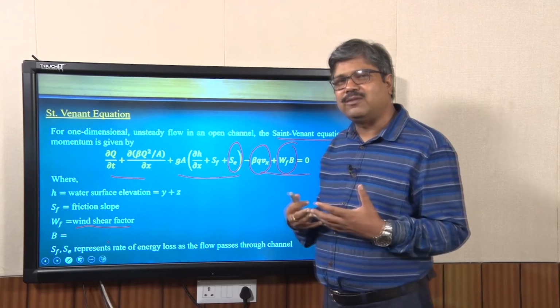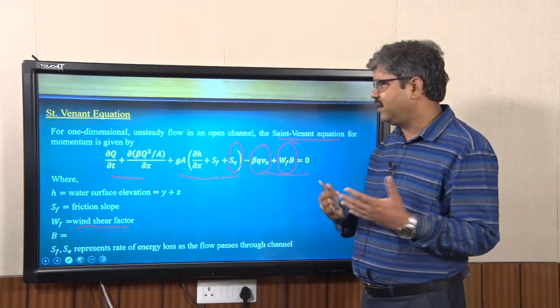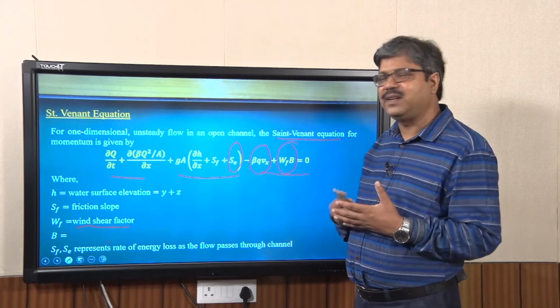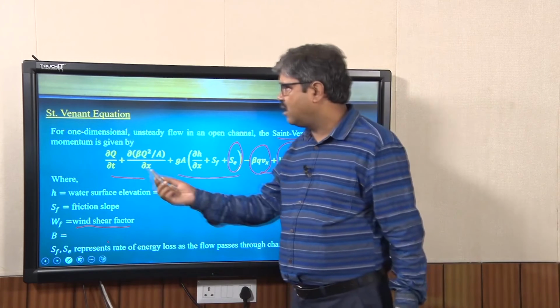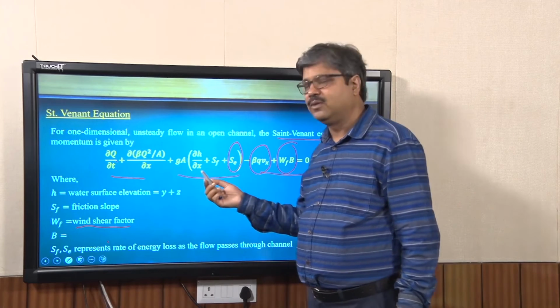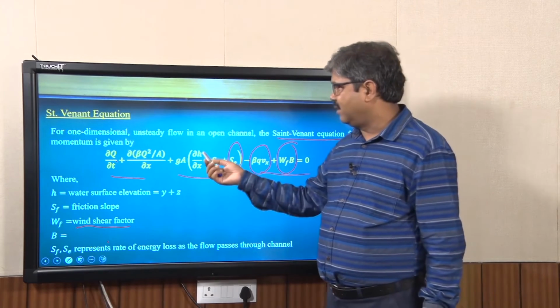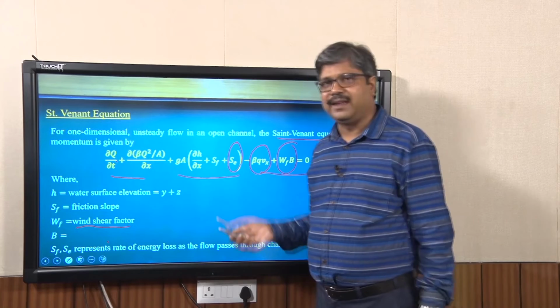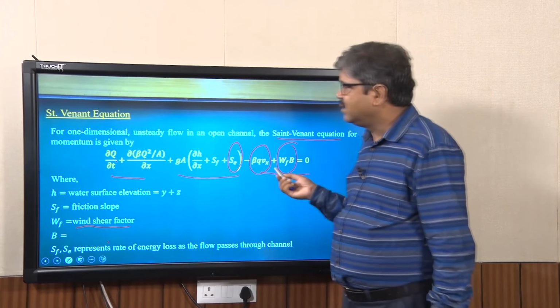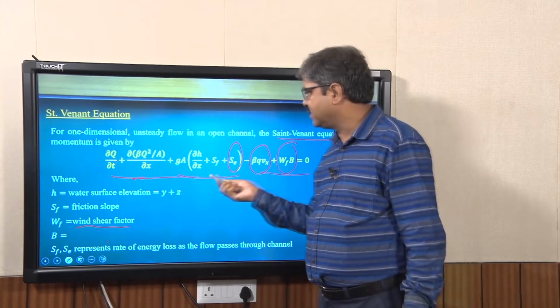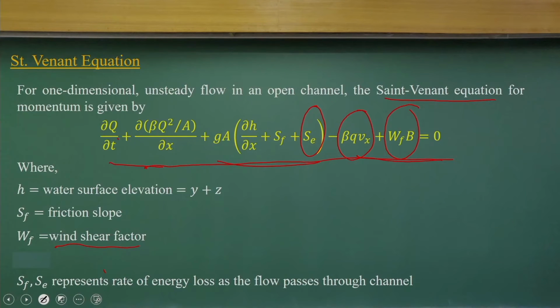So basically, what I am trying to do is that we have derived the Saint-Venant equations in terms of Q, A and H variables, and we have included S_E, the expansion and contraction energy loss gradient.